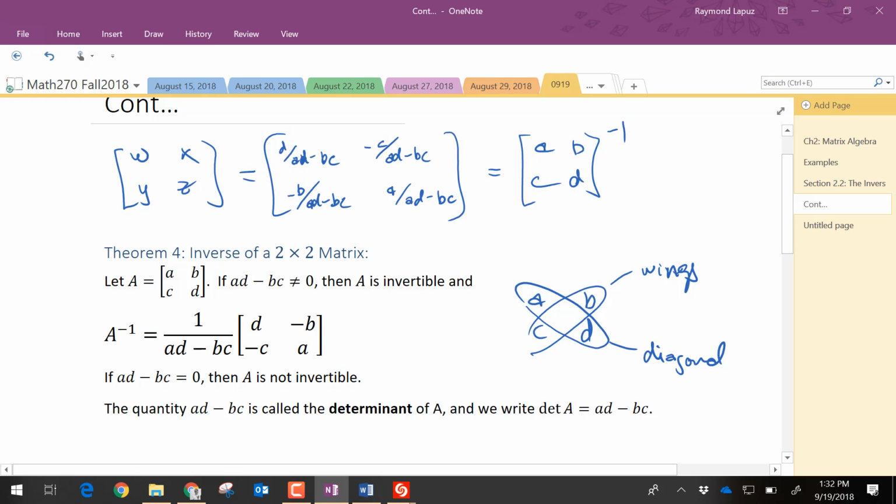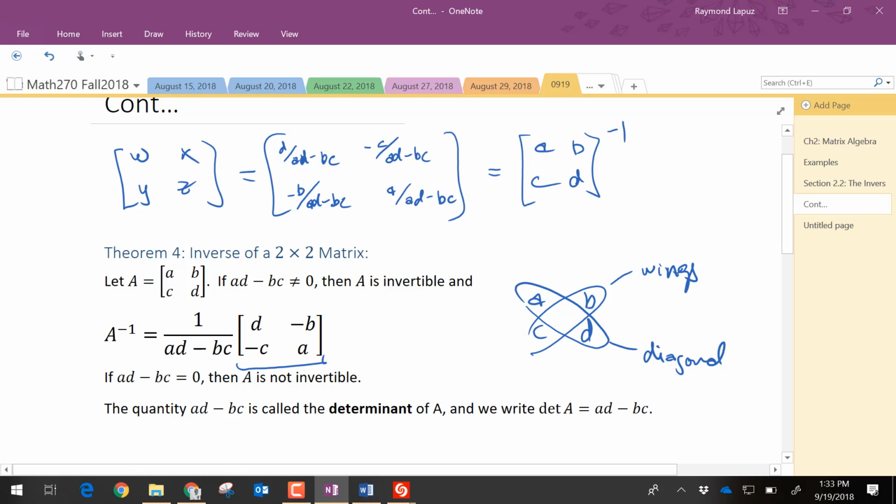It's the diagonals minus the wings is the determinant. And furthermore, the following matrix, after you divide by the diagonals minus the wings, is that you switch the diagonals and you negative the wings.